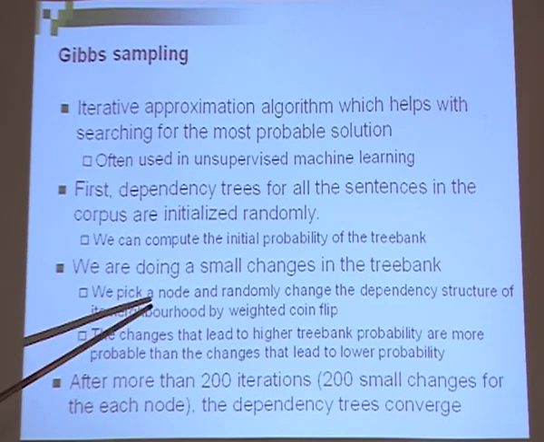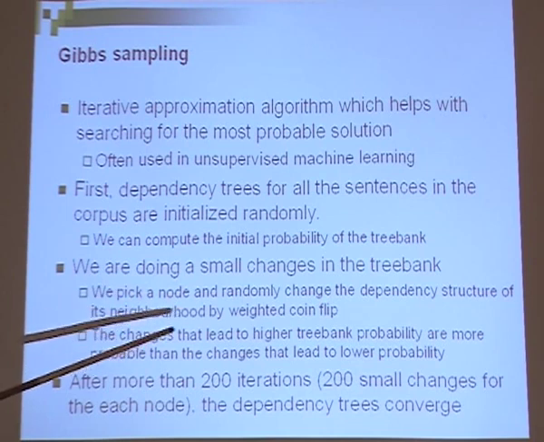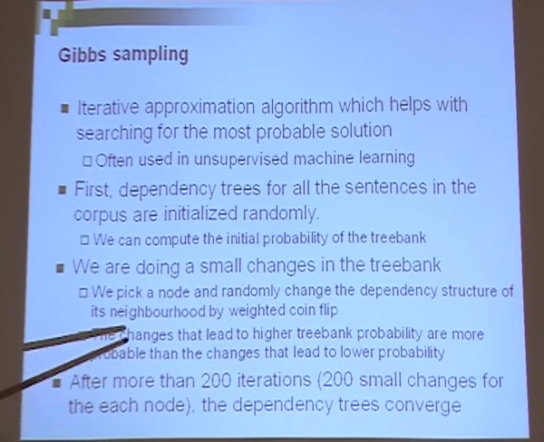It is not random in the sense of uniform, but it is a weighted coin flip. We choose the change by weighted coin flip, because the changes that lead to higher probability of the treebank are more probable than the changes that lead to lower probability. Of course, we can decide to change it to some very improbable solution, but the changes that lead to higher probability are more probable.